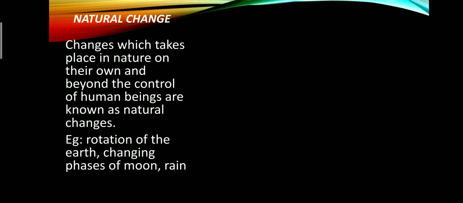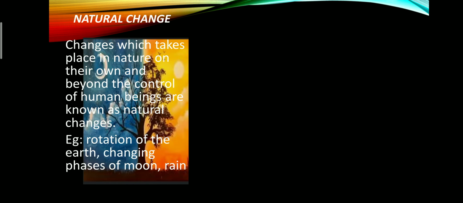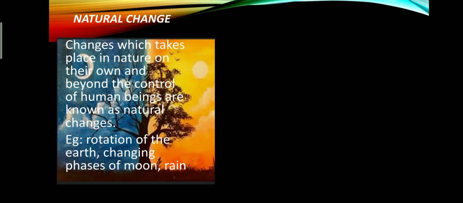We cannot stop the earth's rotation, so it is out of our control, so that is a natural change. And changing of phases of moon and rain, winter, summer, all those seasonal changes all come under your natural change.